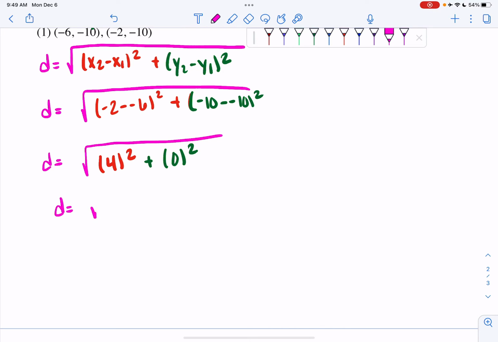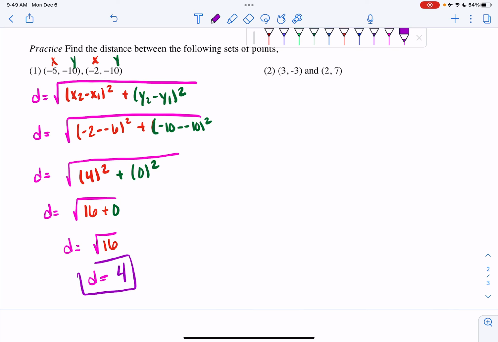So I have distance equal to the square root, well, 4 squared is 16, 0 squared is 0, and 16 plus 0 is just 16. So I have distance is equal to the square root of 16. I can type that into my calculator, and I'll get 4 as my final answer. So I can say my distance is equal to 4. And that's how you calculate the distance.